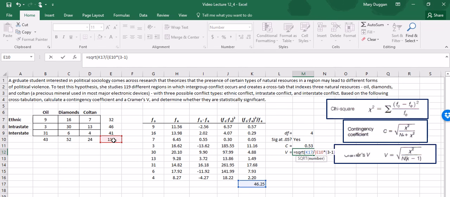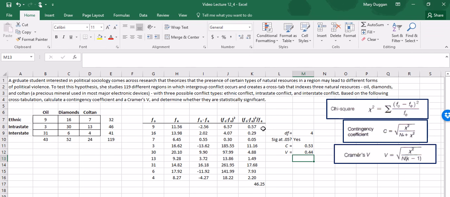Close that. And I'm going to close it again, and I hope I don't get an error. And I didn't. Okay, perfect. So our Cramer's V is going to be 0.44. This 0.44 again shows a positive association between natural resources found in a region and the type of political violence. And so that's all for our 5 funky measures of nonparametric correlation.